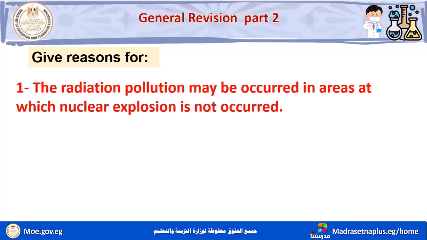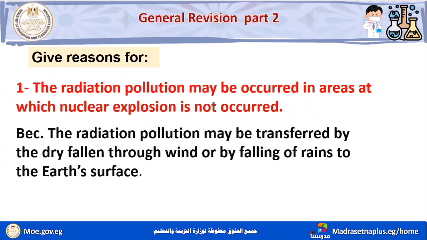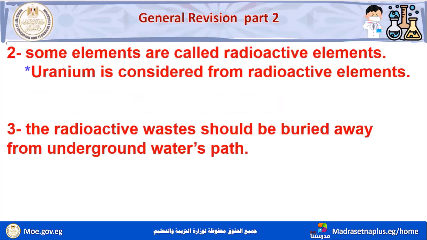Another question, give reasons. Number 1: the radiation pollution may occur in areas at which a nuclear explosion has not occurred, because the radiation pollution may be transferred by dry fallout through wind or by falling rain to the Earth's surface. Question number 2: some elements are called radioactive elements.